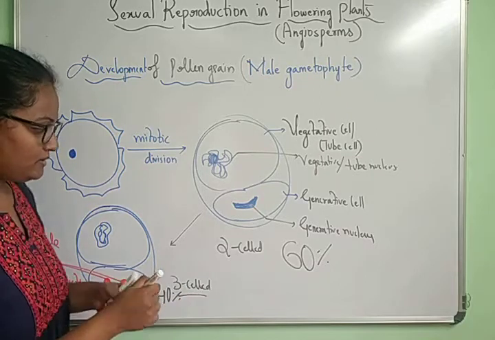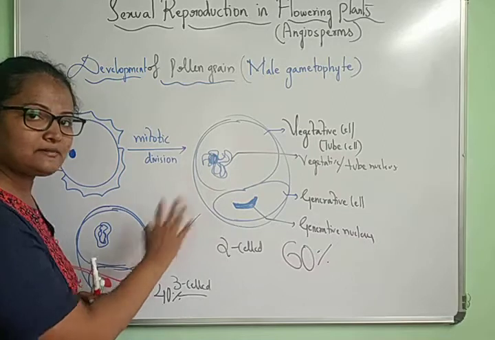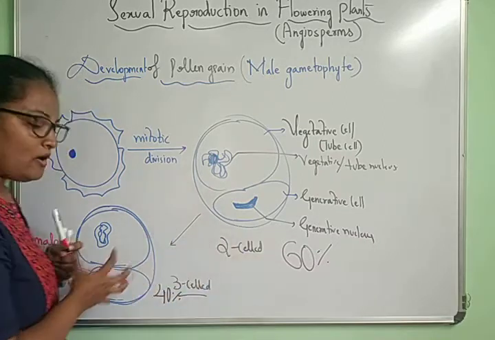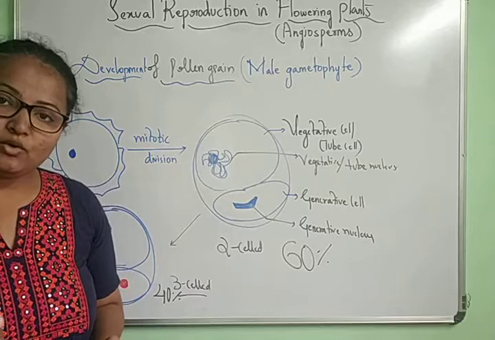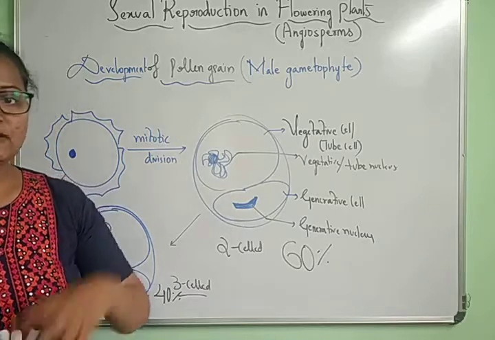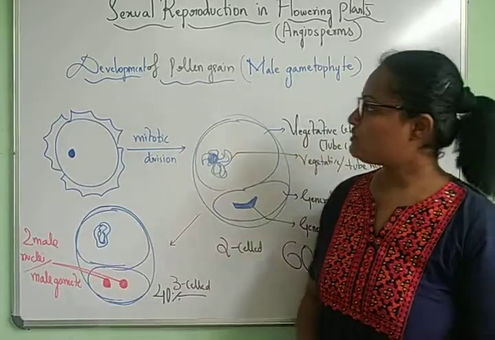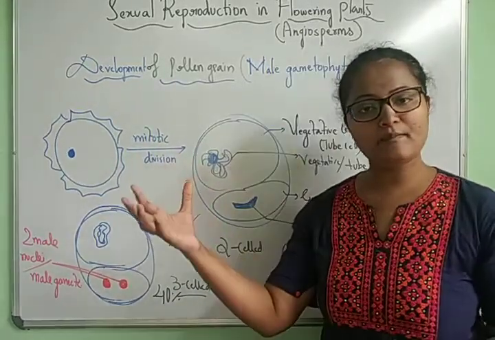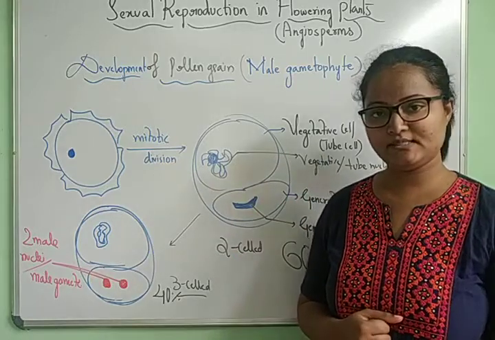Now you understood? So now these pollen grains, which are two-celled or sometimes three-celled, are called matured pollen grains, which are ready to perform the fertilization now. Okay, so what happens? By meiosis, pollen grains are formed from the pollen mother cell.